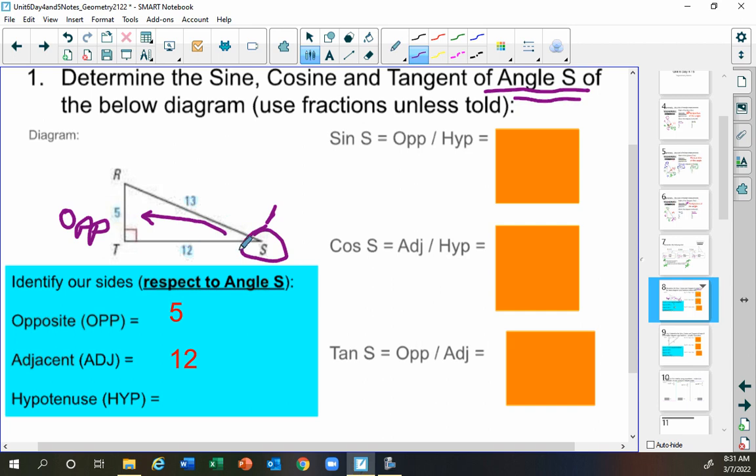Remember, it can't be the hypotenuse, because the hypotenuse is always across from what angle? Across from the box. So here's your hypotenuse. And that's a permanent rule. The hypotenuse is always going to be across from the right angle or the box. So therefore, the adjacent side has to be which one? The 5 or the 12? The 12. So adjacent is 12, opposite 5. That means our hypotenuse has to be 13.